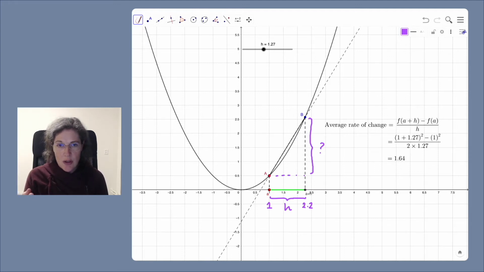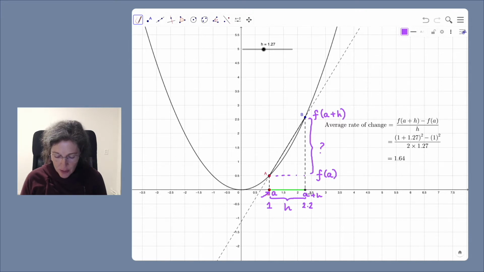So it's looking at the change in y given a specific change in x. But we do this in a more general setting, so we're just saying, okay, I'm going to take a particular value of x, and I'm going to call that a, and I'm going to add a certain amount h to it. So I'm going to get a plus h, and then I find that my function changes from f of a to f of a plus h.